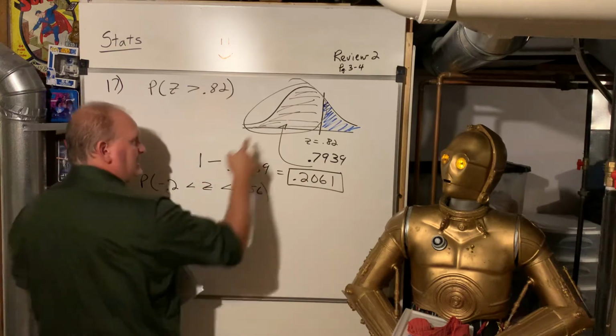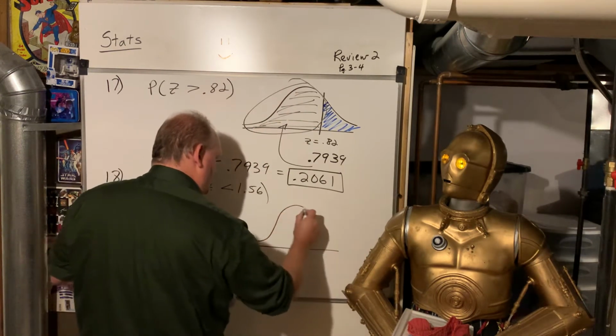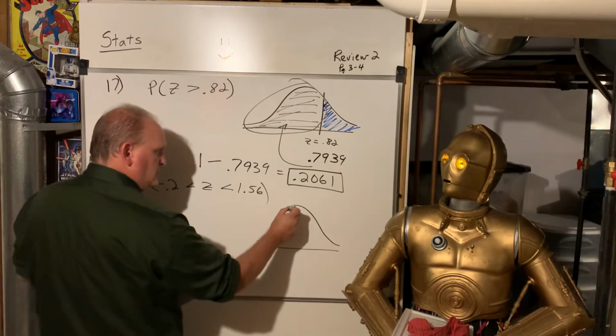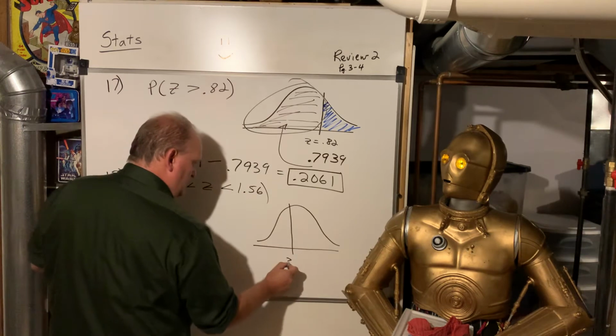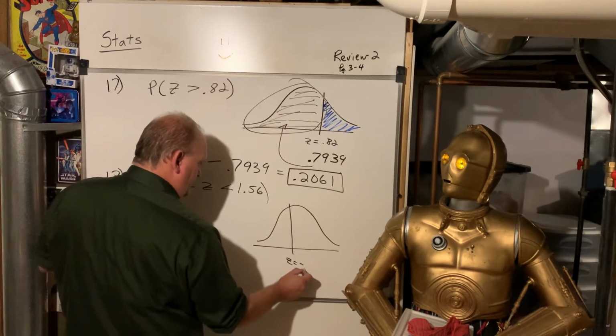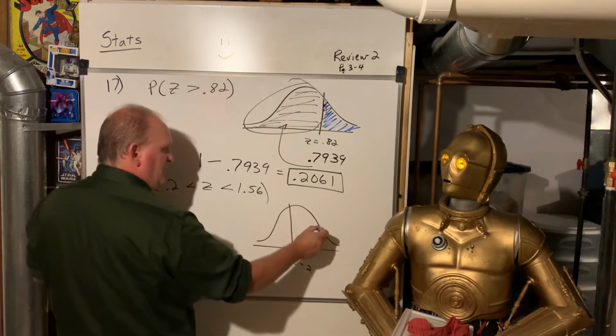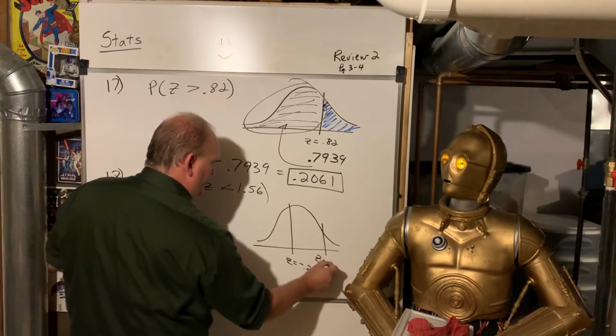So that's really close to the center. Let's draw a picture. -0.2 is just below the halfway line. Just a smooch below there. Almost 50%, but not quite. And then 1.56 standard deviations above is between 1 and 2 standard deviations above.